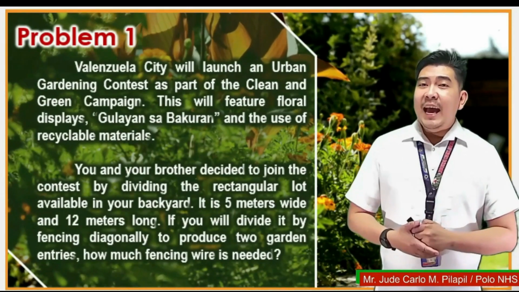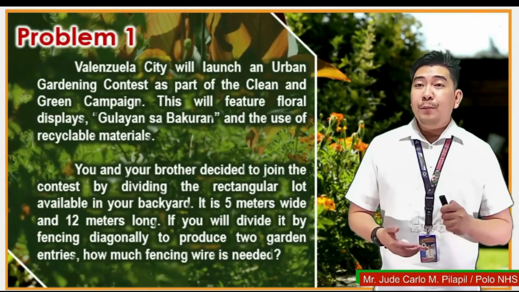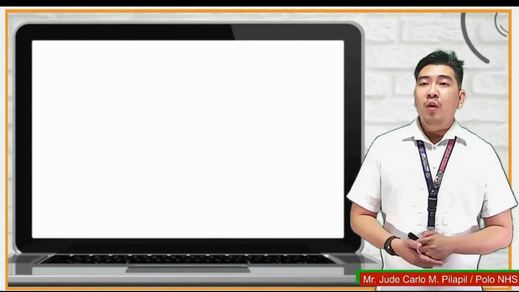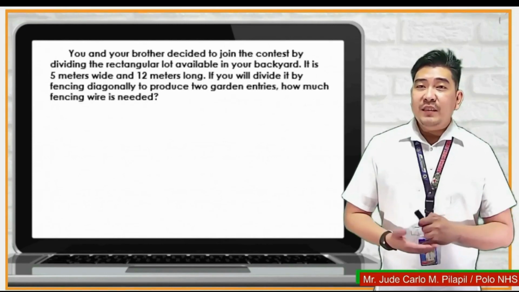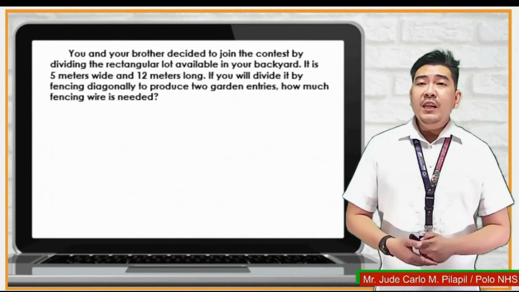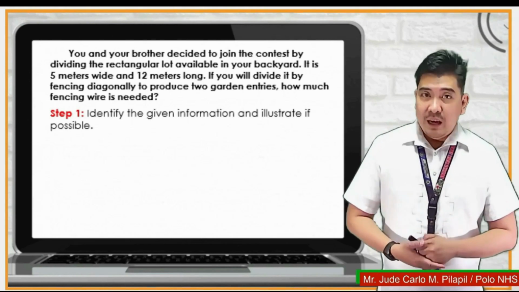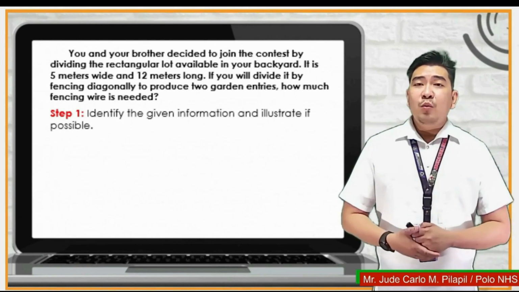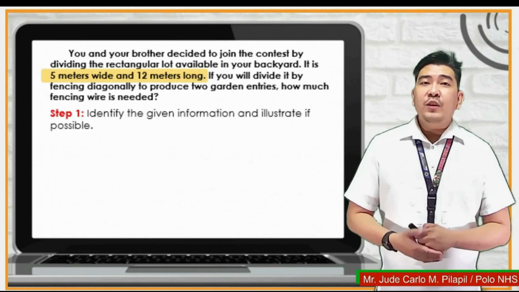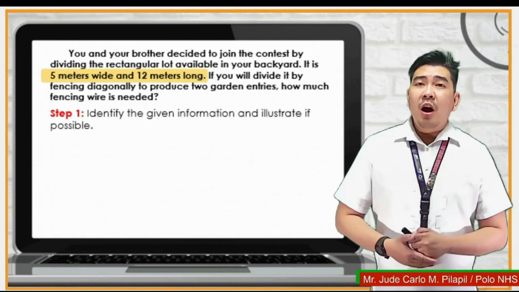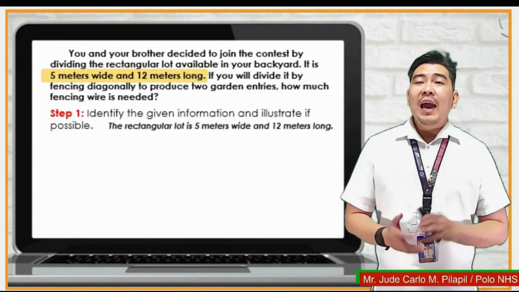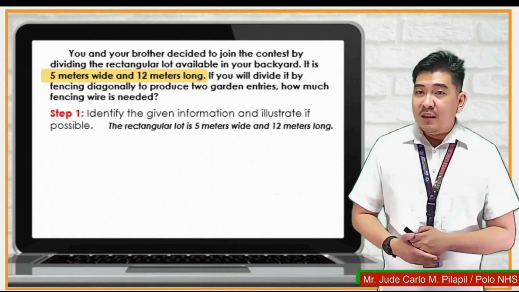After reading and analyzing the problem, we proceed with step number 1. Out of the statement in the problem, we need to identify the given information that will help us solve it. So we are given the width and the length of the rectangular lot, which are 5 meters and 12 meters respectively.